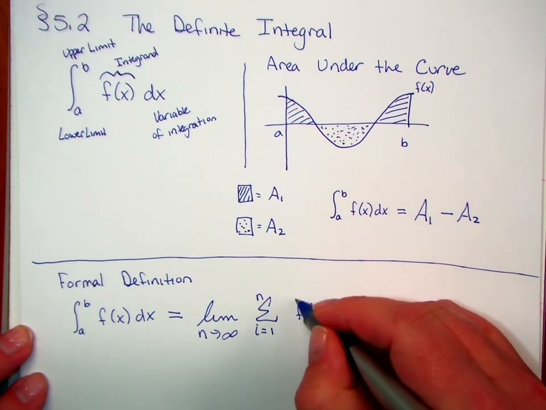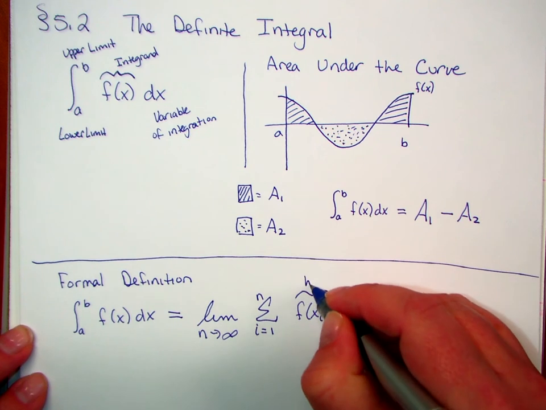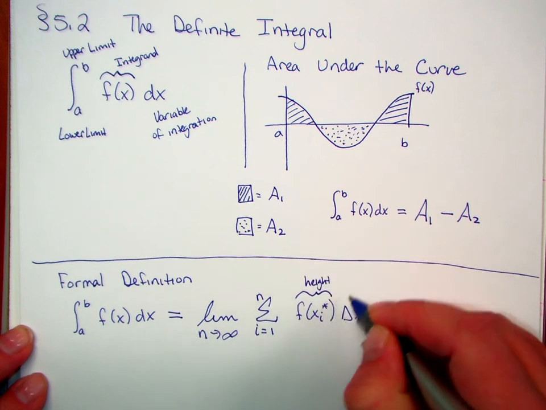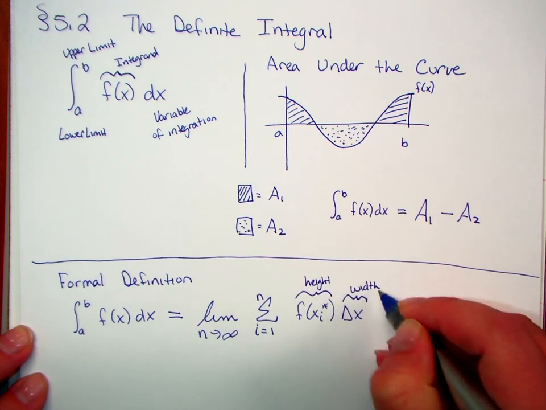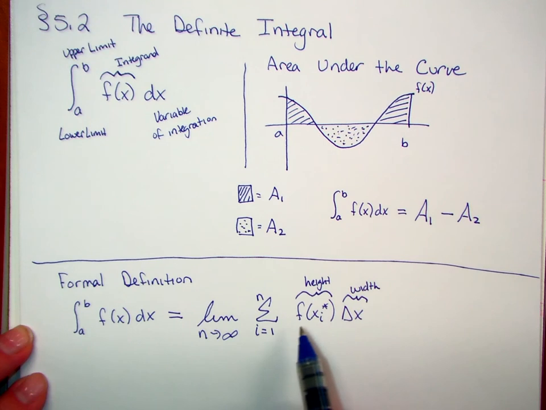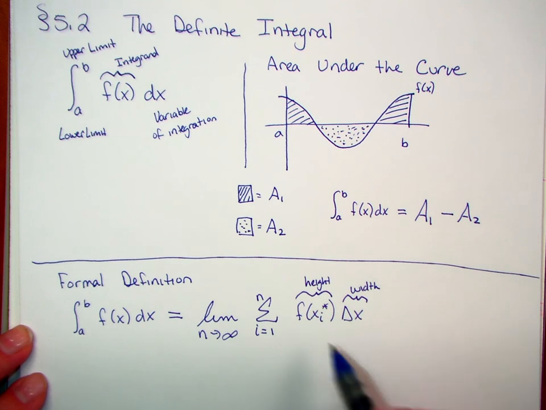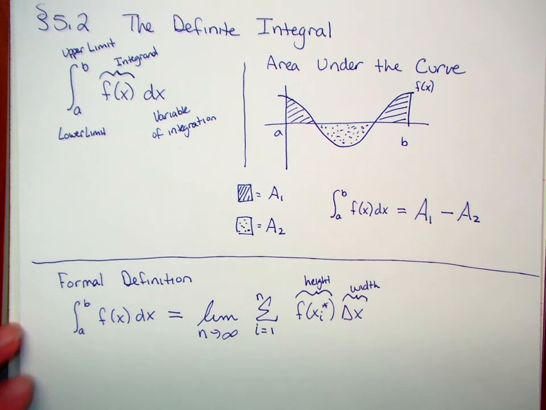I really want you to see this as the height of the rectangle times the width of the rectangle. We're just calculating n rectangles, and we're letting n go to infinity in the formal definition of an integral. Height times width gives us the area of each rectangle.